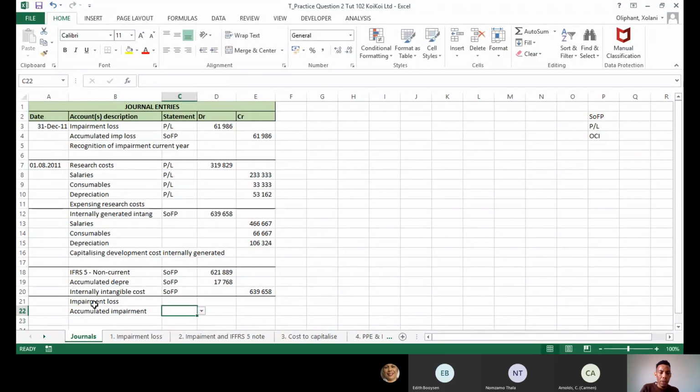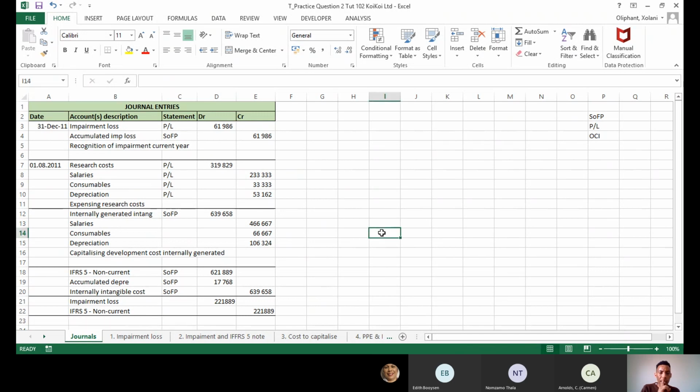The amount is 221,889. Because we will be decreasing our investment here, that should be the corresponding journal entry in this regard. And then your narration could be recognizing impairment loss on the investment, whatever you call it.